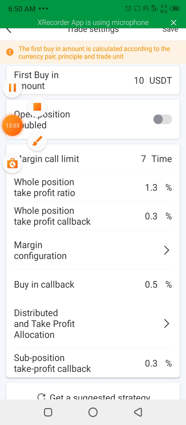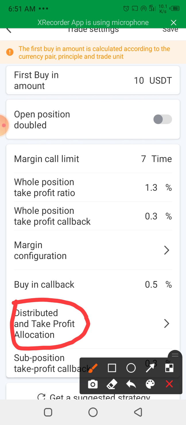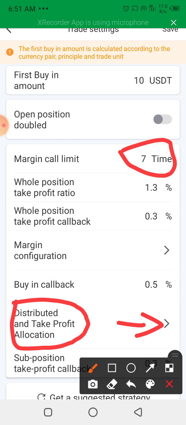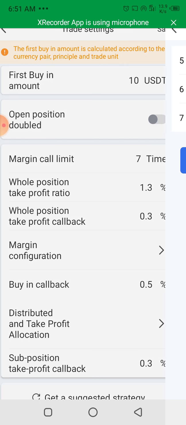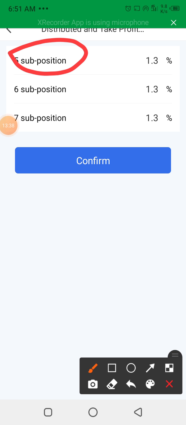Okay, then the next one is distributed and take profits allocation. Okay, what does it mean? What it means is, since you have set this one at 7, okay, if you open this one, what you will see is from 5th position to the 7th position.